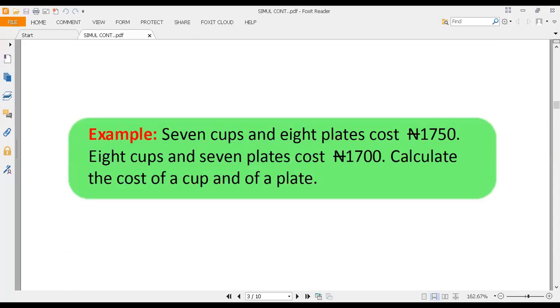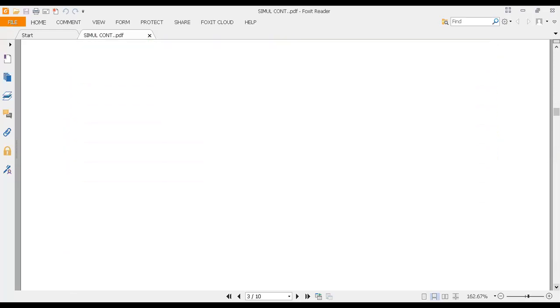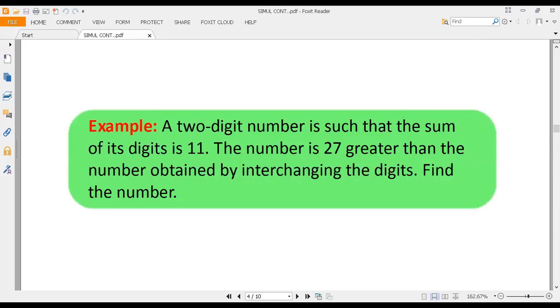So you can copy down the example 2. I quickly copy it down, so I don't need to rewrite, I don't need to write it on the board.